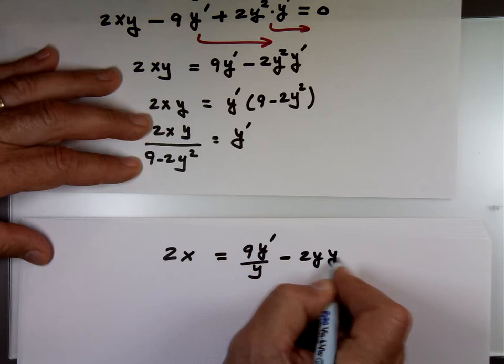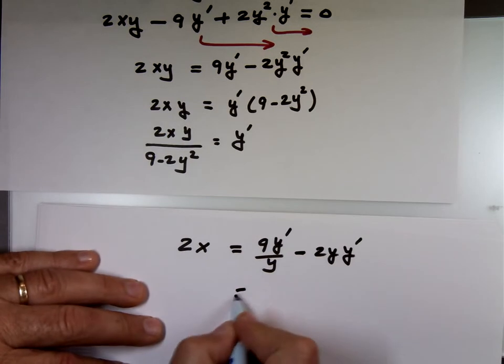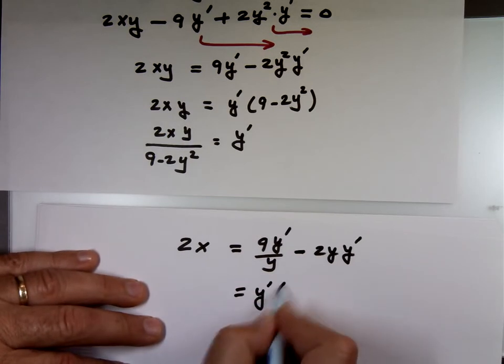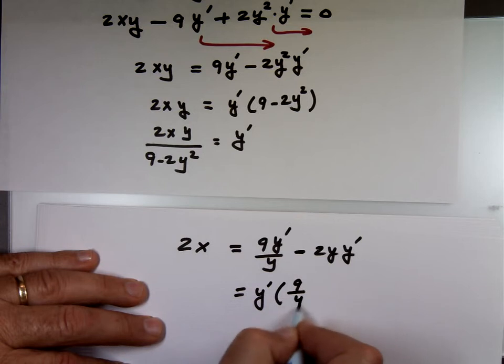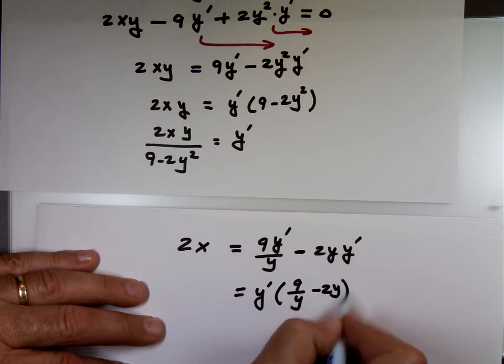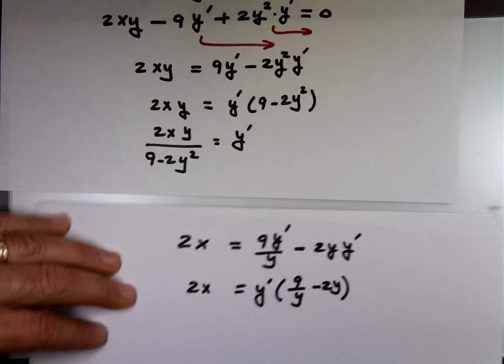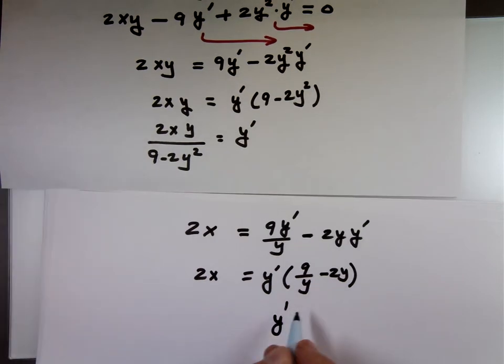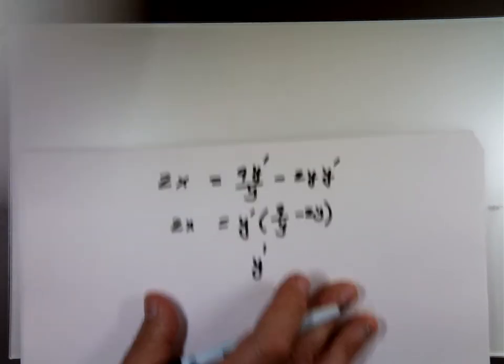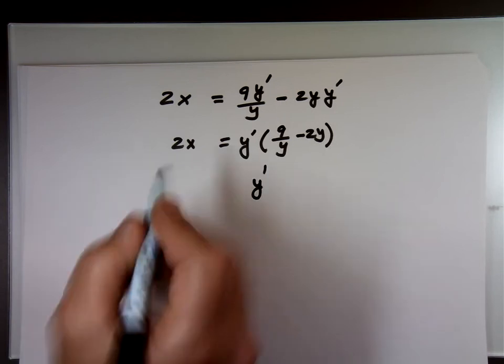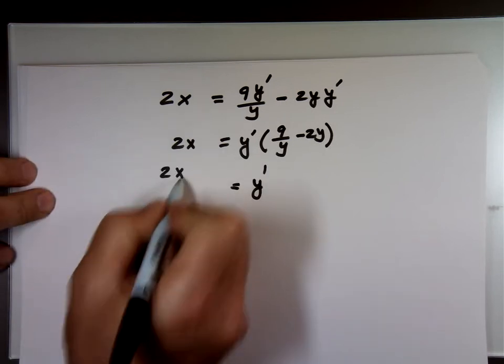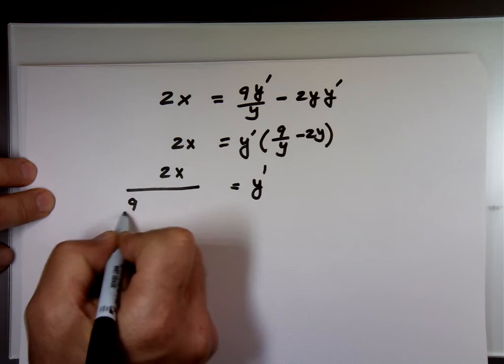So if you factor y sub prime out, you'll have 9 over y minus 2y. And what's y sub prime? 2x over 9 over y minus 2y.